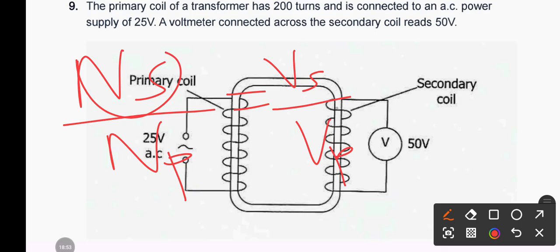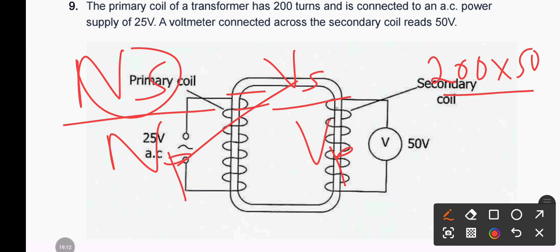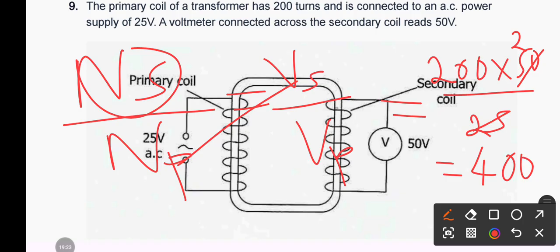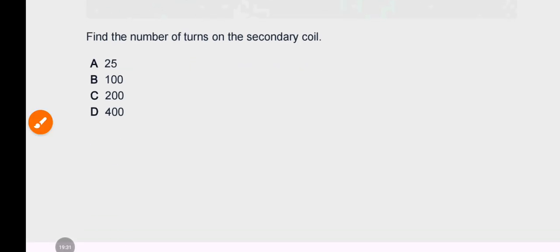So we want Ns, so we'll cross multiply Np and Vs. The number of turns in the primary coil is 200, and the voltage in the secondary coil is 50 over the voltage in the primary coil, which is 25. So 25 into 50 will give me 2, and in total I'm having the value of 400 turns. Thus the number of turns in the secondary coil is equivalent to 400. So option D.